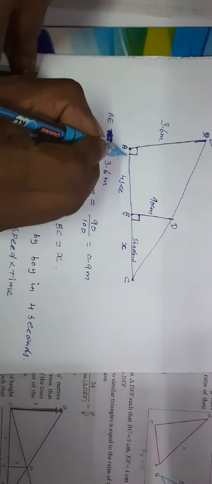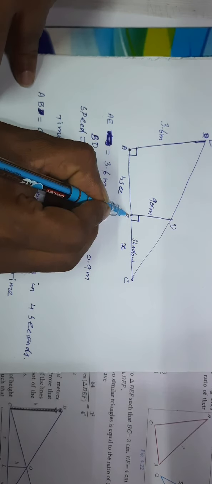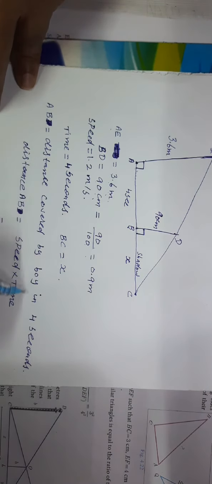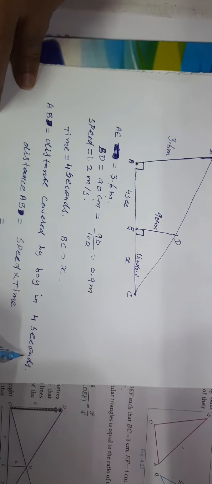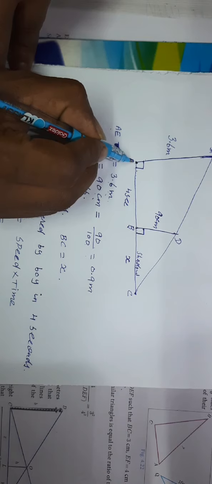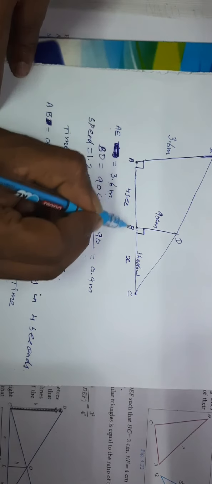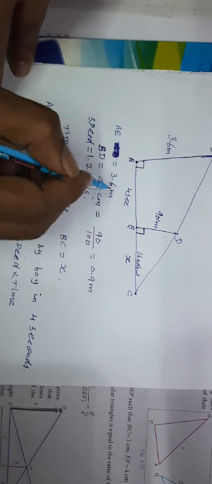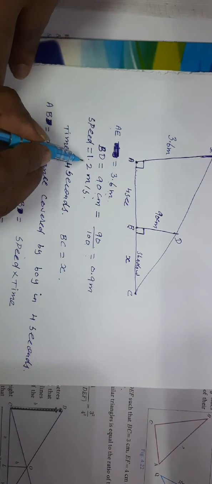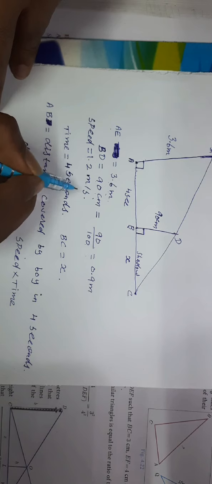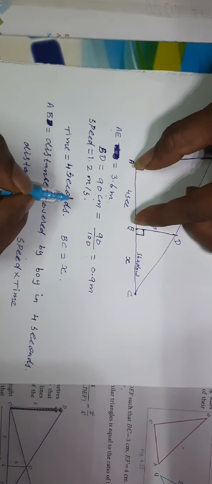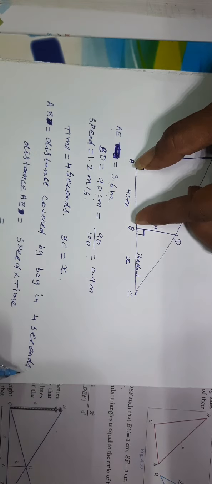Here AB is the distance covered by the boy in 4 seconds. Starting at point A, the boy is standing there and he comes to point B. He takes 4 seconds at the speed of 1.2 meter per second. So AB is the distance covered by the boy in 4 seconds.